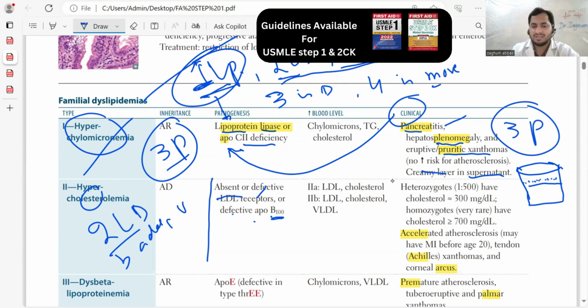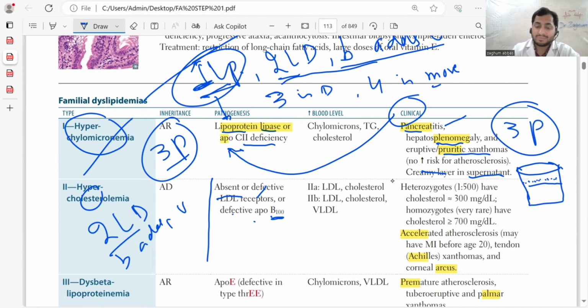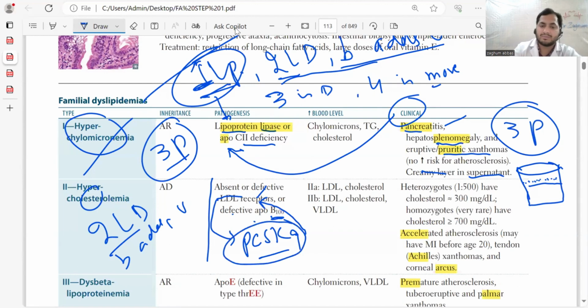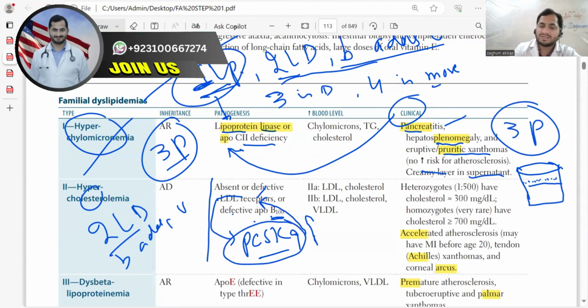We have studied cholesterol, LDL, LDL receptor, HDL, chylomicron. In relation to LDL there is an enzyme, PCSK9. Actually, that enzyme normally breaks down the LDL receptor. Then there will be an issue with this enzyme, hyperactivity of this enzyme.